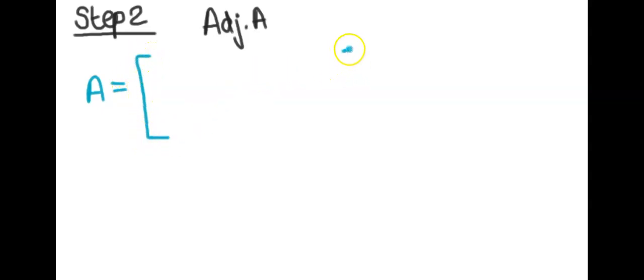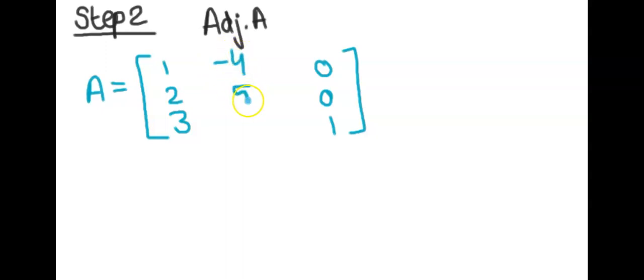Can I have the value for the matrix, please? Is it right? Yeah. Okay. So I got the matrix. Now I need to find this adjoint of A or adjugate of A.